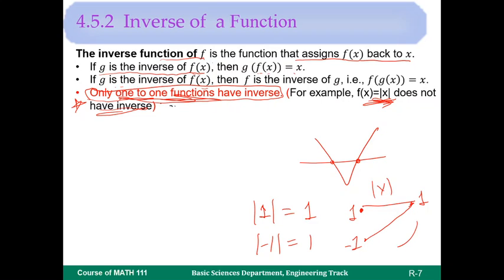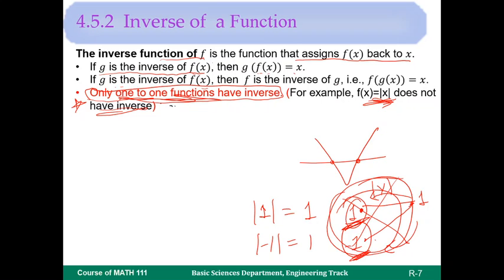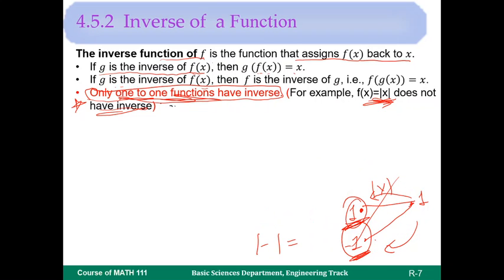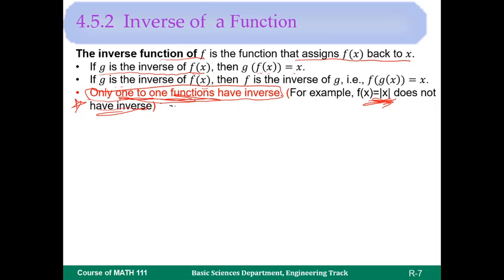But if you want to go back, we have two values. So which one should we prefer? This is making the problem here. Since it's not one-to-one, we have an ambiguity here, and it prevents the function from having an inverse.